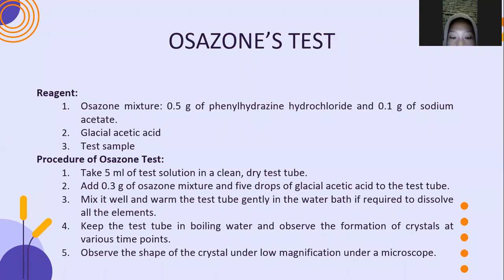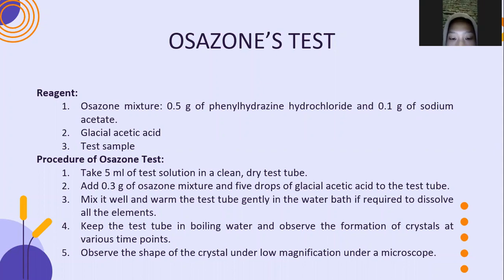Procedure. Number 1, take 5 milliliters of test solution in a clean, dry test tube. Number 2, add 0.3 of glacial acetic acid to the test tube. Number 3, mix it well and warm the test tube gently in water, if required, to dissolve all the elements.